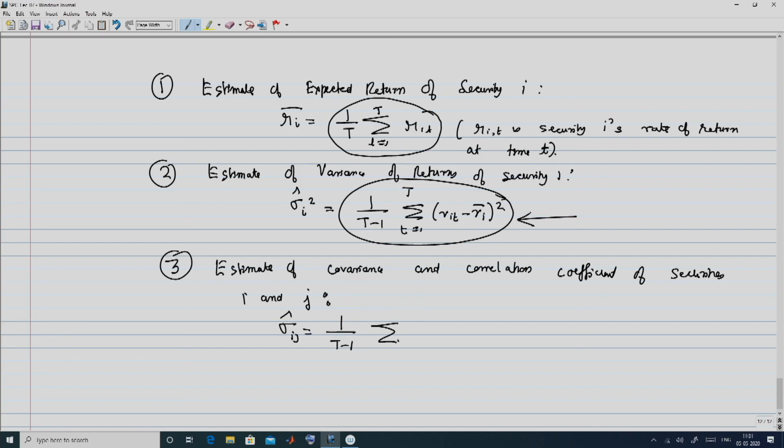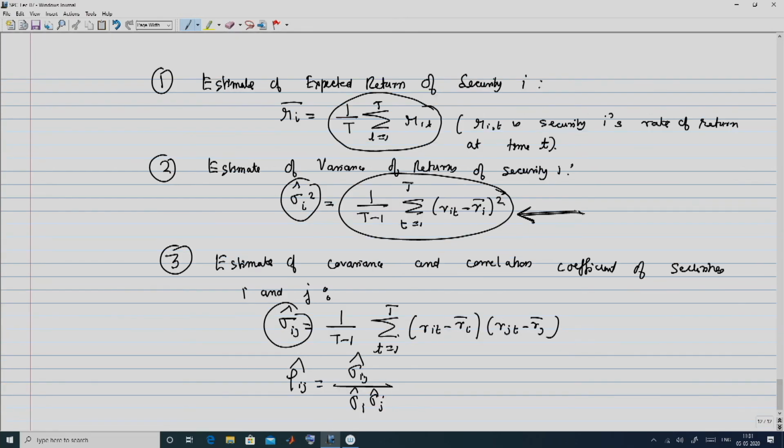So, I will follow the same pattern as the unbiased estimator for variance. So, this will be summation of R I t minus R I bar into R j t minus R j bar, t is equal to 1 to capital T, and rho I j hat is sigma I j hat, which I have calculated here, divided by sigma I hat into sigma j hat, which have been estimated here.